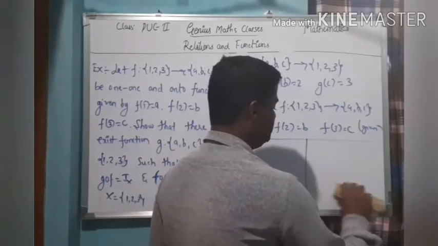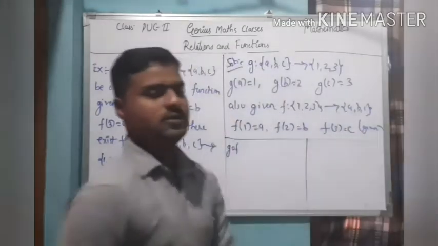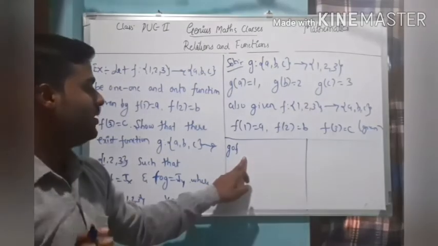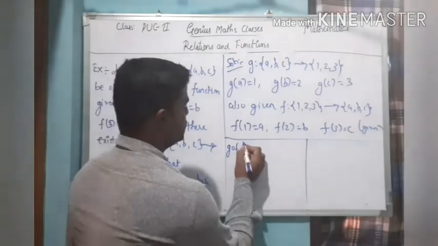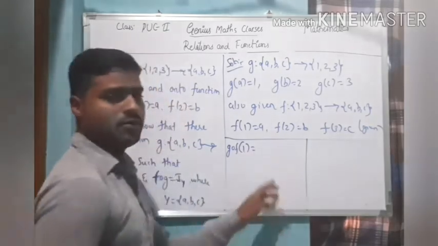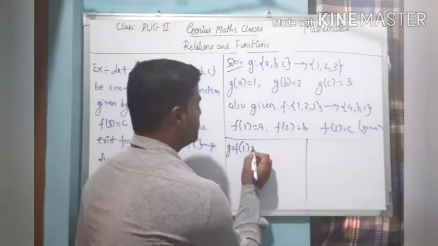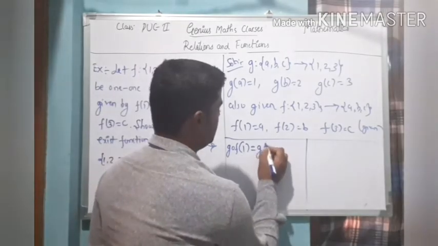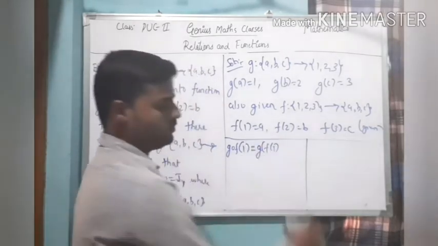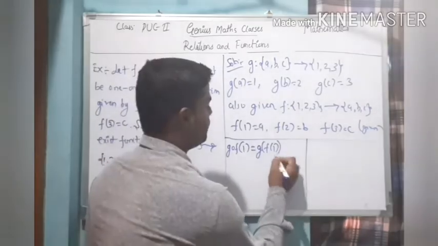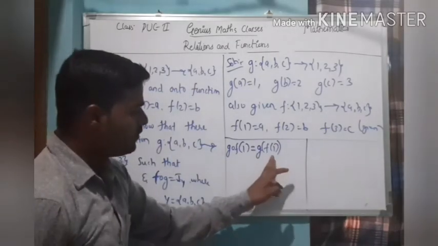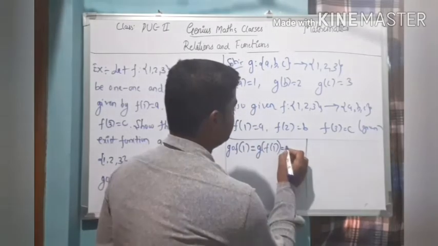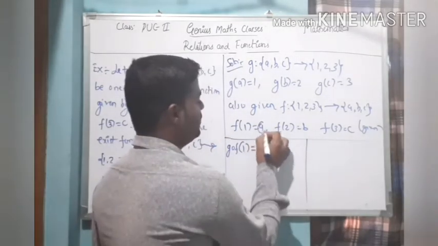Similarly, here if I consider g naught of f of 1, it must have the image 1. By the definition, g naught of f of 1 is g of f of 1. We know the value of f of 1 is a.